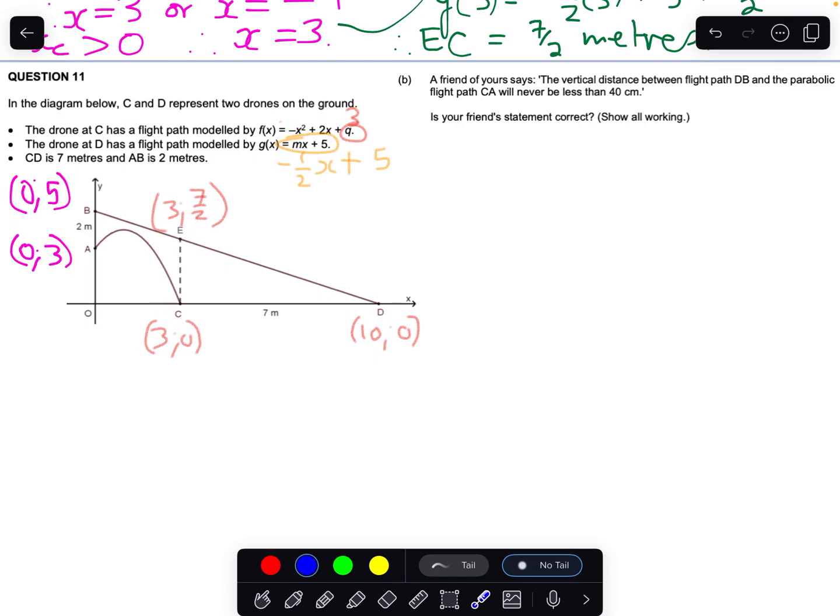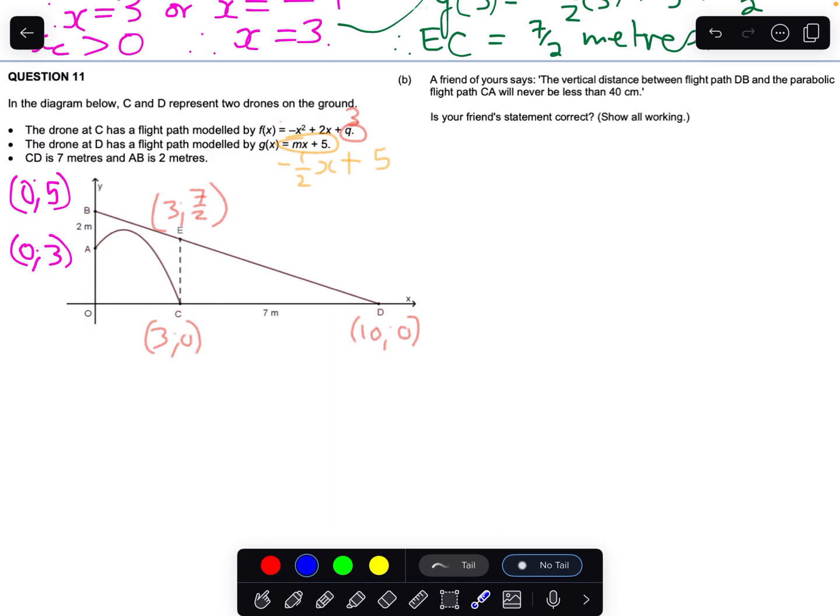We don't have to establish up front that the parabola is always below the straight line. We're just going to start out by assuming it, and then we're going to see what the smallest possible value for this difference is. I'm guessing that the paths stop here, they don't go further.